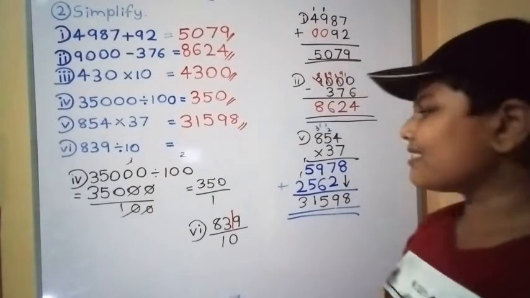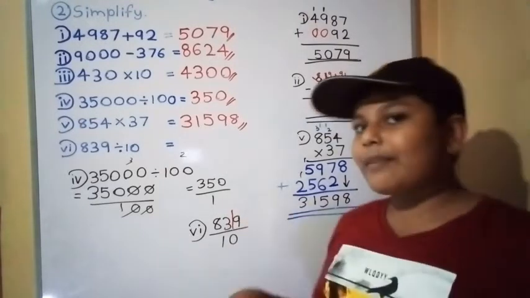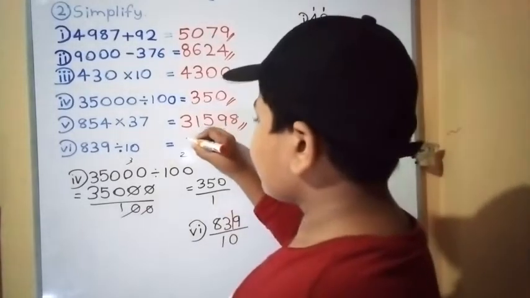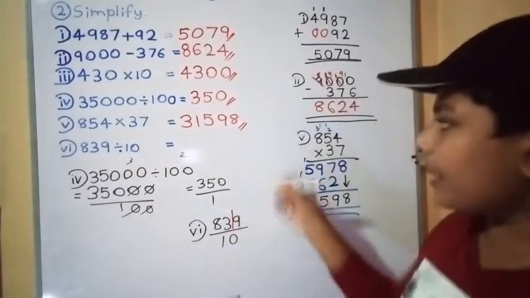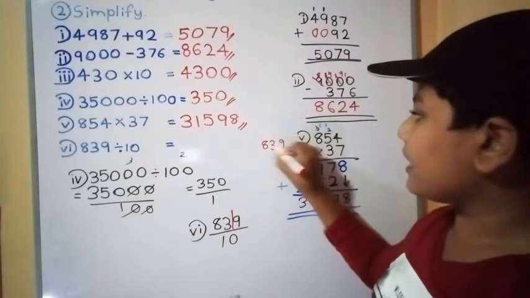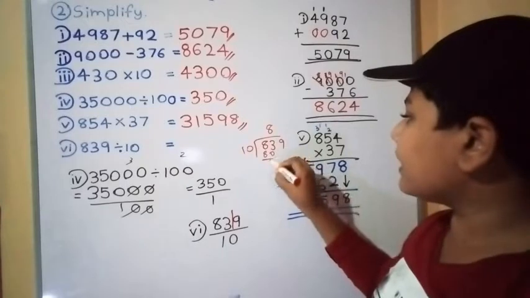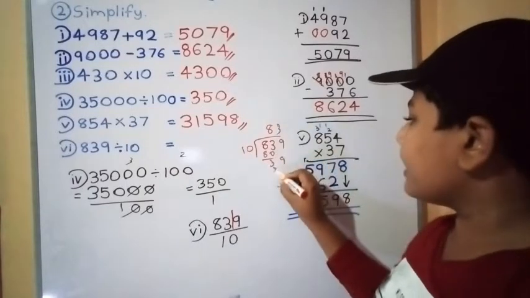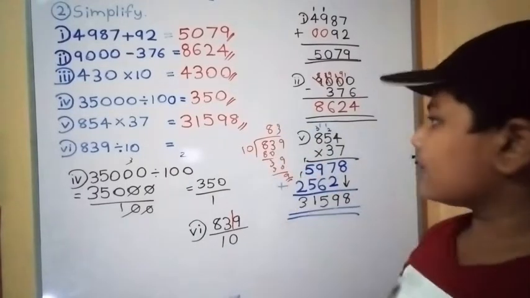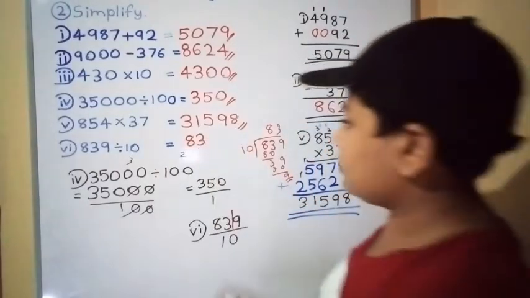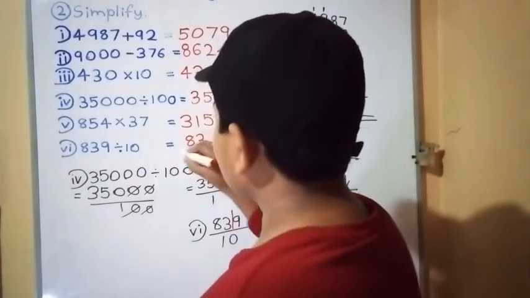Now you can get this. Now 8.3 means, right? Now I again do 839 divided by 10. Now they have 80, and 39 has 3. Now there remain 9. Now I can write 83 and what?